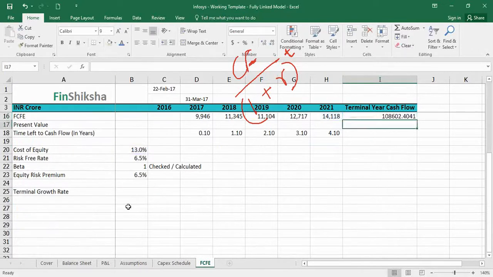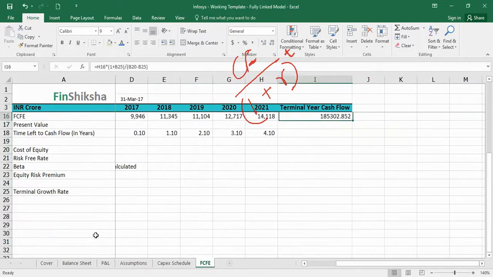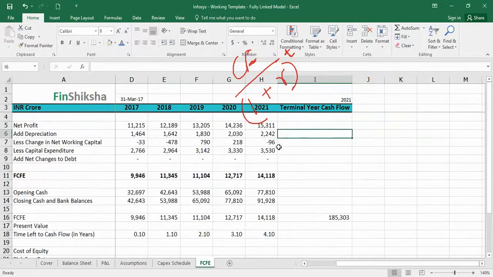So far we have assumed the terminal growth rate to be 0. If I put in the number as 5%, we get a terminal year value as well. Correct? Now note that this terminal year value is in the year 2021.